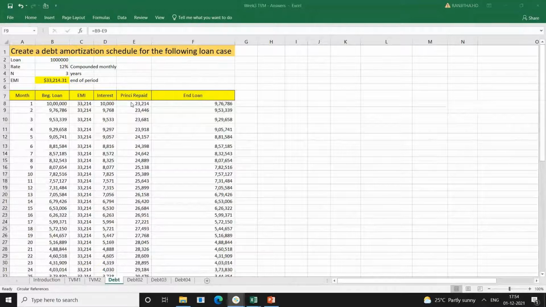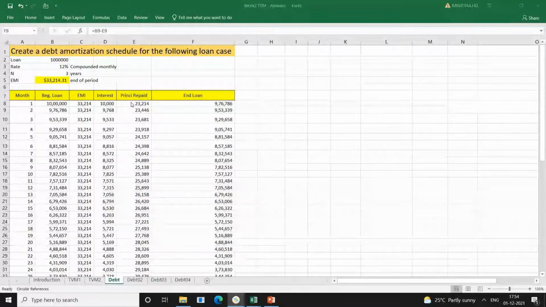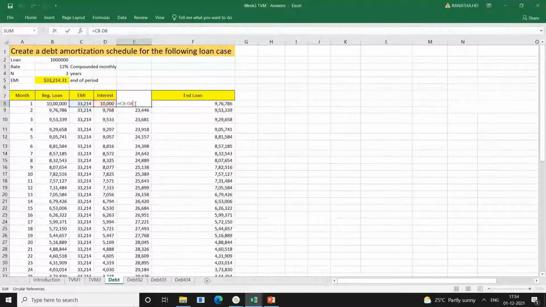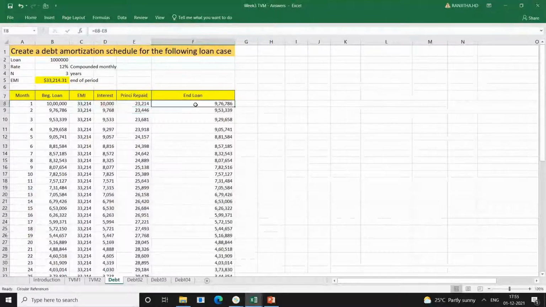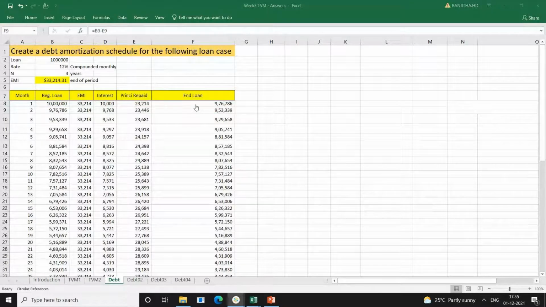Did you get it? Okay. So principal repaid is EMI minus interest. End loan is beginning loan minus principal repaid. Okay. Do it.